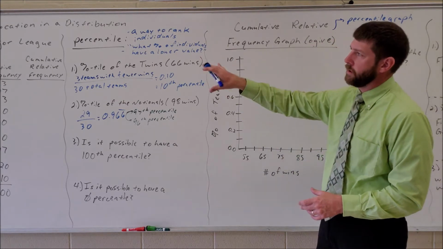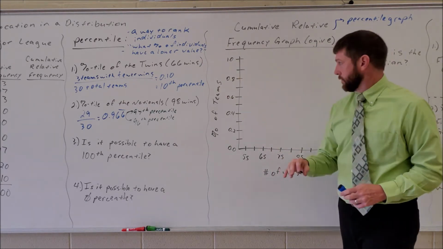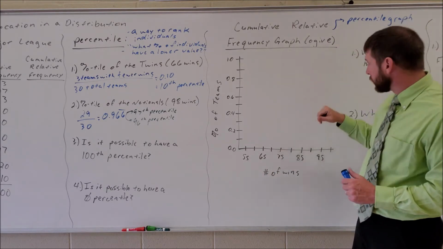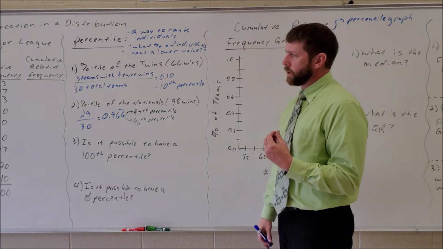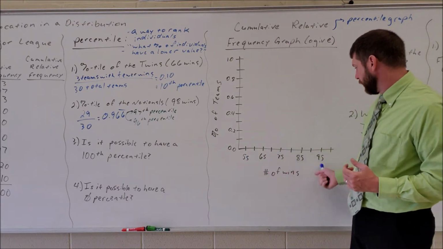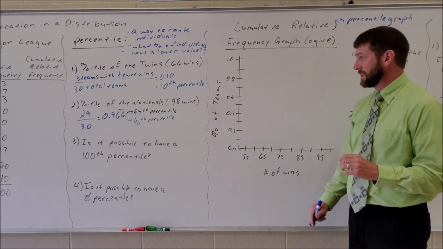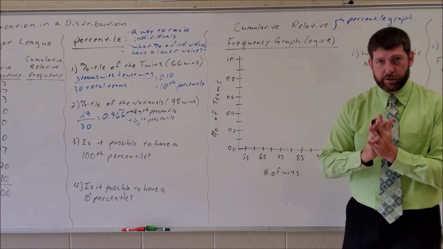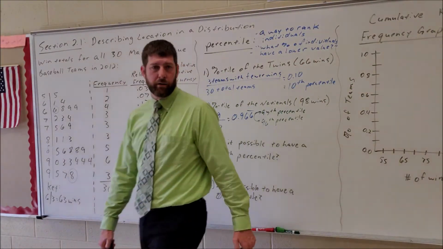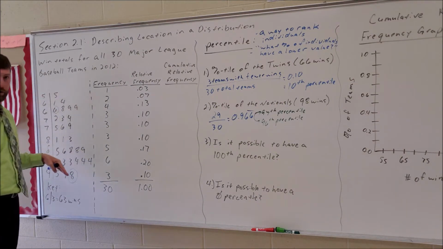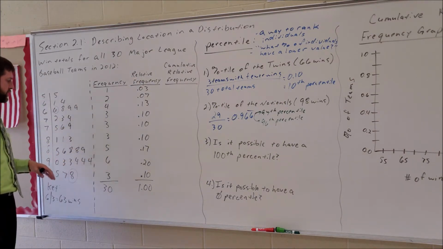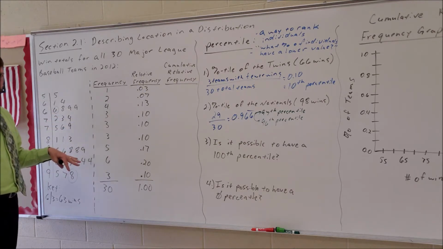But let's look at our Major League Baseball teams from 2012 and see if we can get a cumulative relative frequency graph, or percentile graph, going. We're going to look at it in blocks of 5, as if I thought of this like a histogram. Remember we had the frequencies, and I broke them up by groups of 5 in that split stem situation. So I'm going to build a histogram off of that.